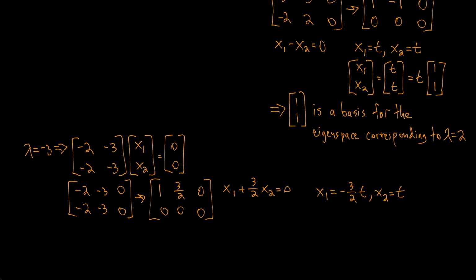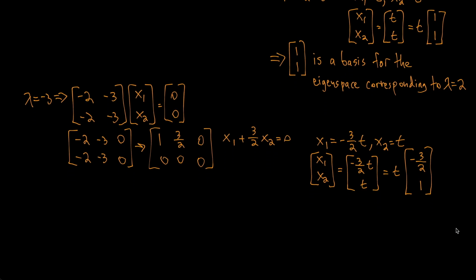So in the first case, we had x1 and x2 are both t, but in this case, x1 is a little bit different. So this means that I have x1, x2 equal to minus 3 over 2 t, t, and I'll again factor out the t, and I'll have left minus 3 over 2, and 1.